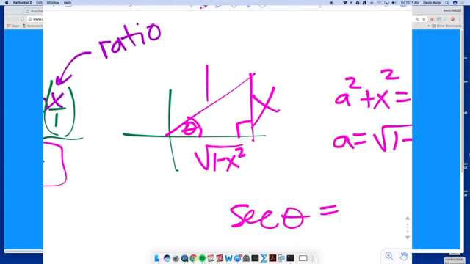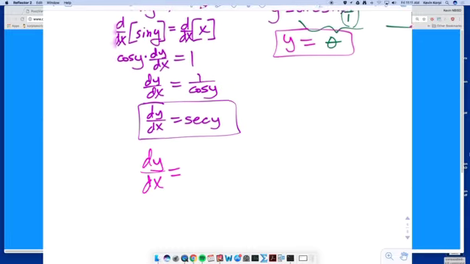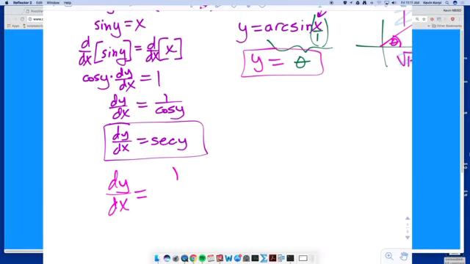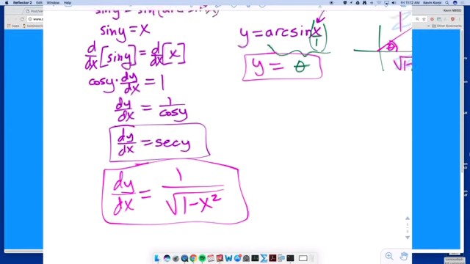Secant of theta is the reciprocal of cosine, so it's r over x. It's the hypotenuse over the horizontal, or the hypotenuse over the adjacent. And that's going to be 1 over the square root of 1 minus x squared. And that makes me feel a lot better.